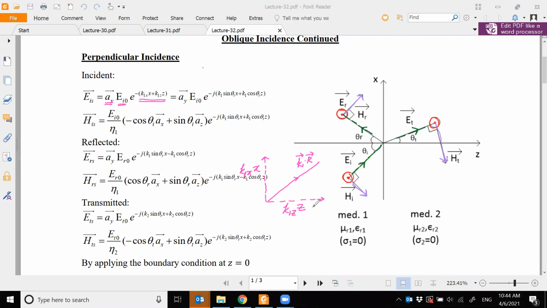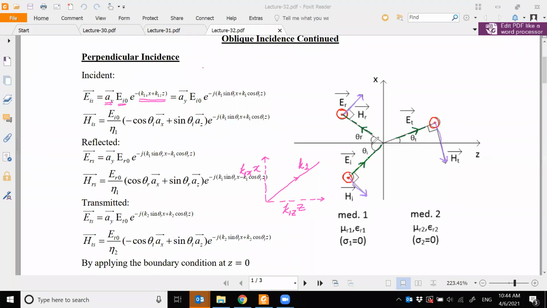Now I want to represent K1Z and K1X in terms of K1. The magnitude K1 will be this one. So how do I represent it?